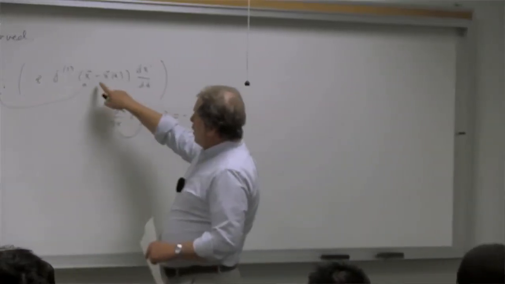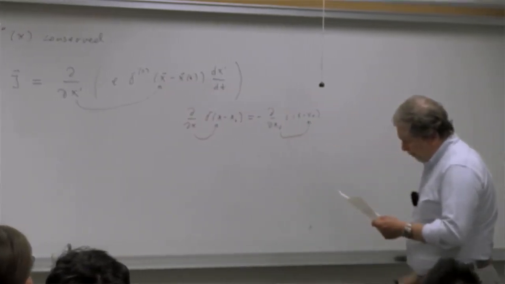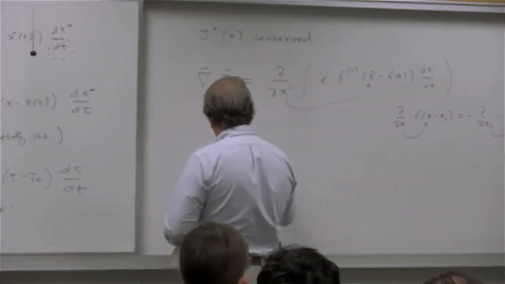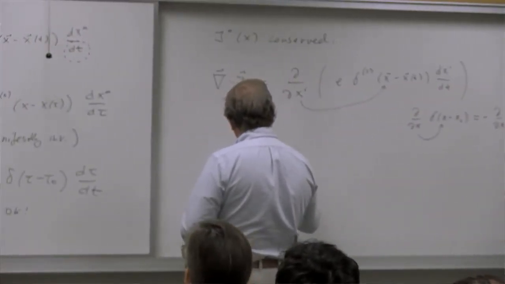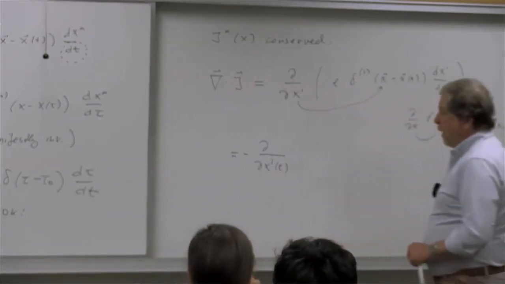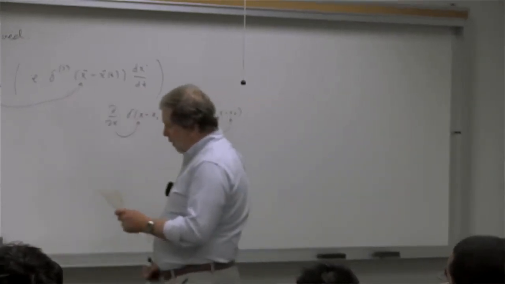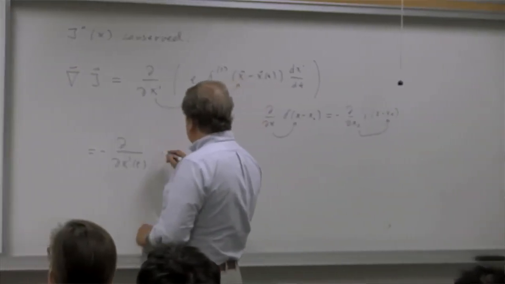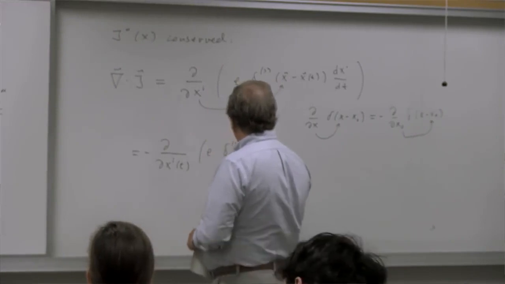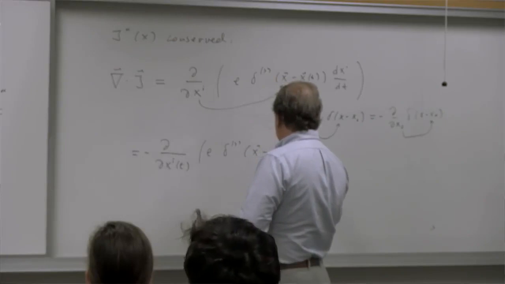So we can rewrite this as minus the derivative with respect to xi of t, so we make that explicit by writing an xi of t so we know what the derivative is with respect to, of e times delta 3 of x minus x of t, as before.